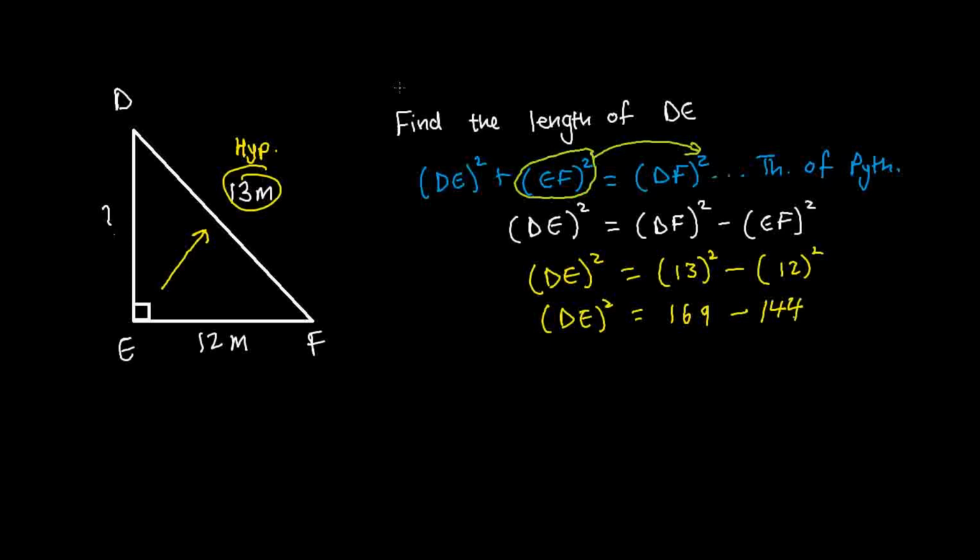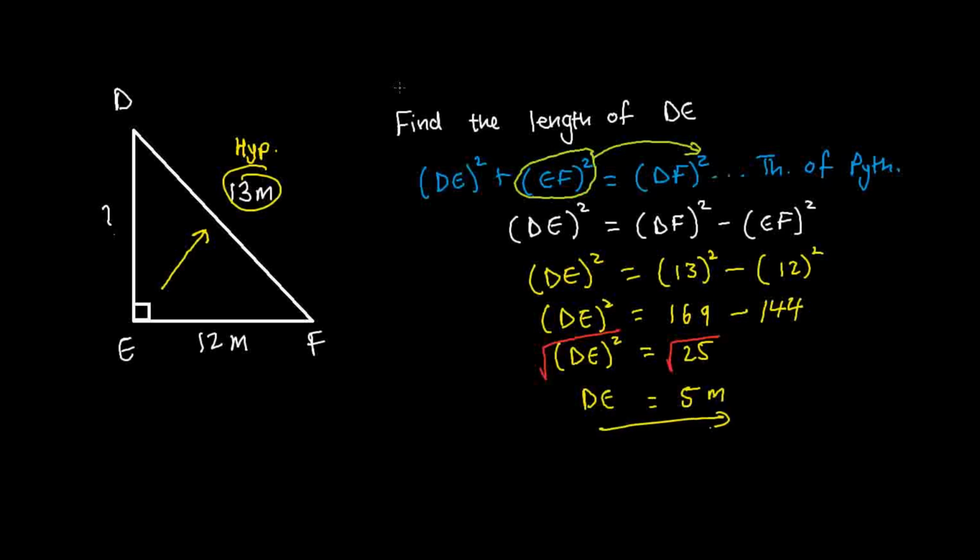So now we calculate the difference. DE squared is equal to 25, and again, to get rid of the square, I need the square root. So I square root the left hand side and I square root the right hand side. So my final answer is DE is equal to 5 meters.